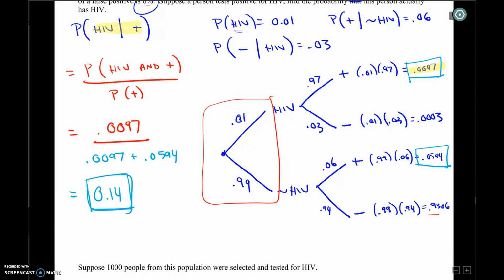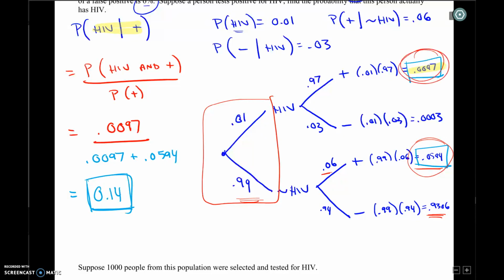So 93% of people are going to not have HIV and test negative. But because such a large proportion of people... I'm confusing myself here now. Let's look at it this way.